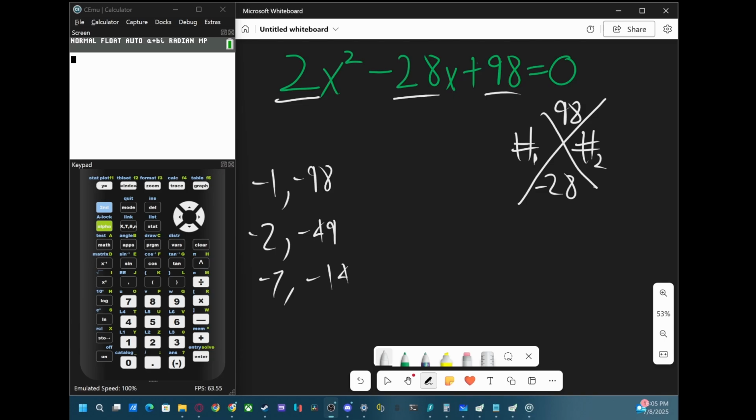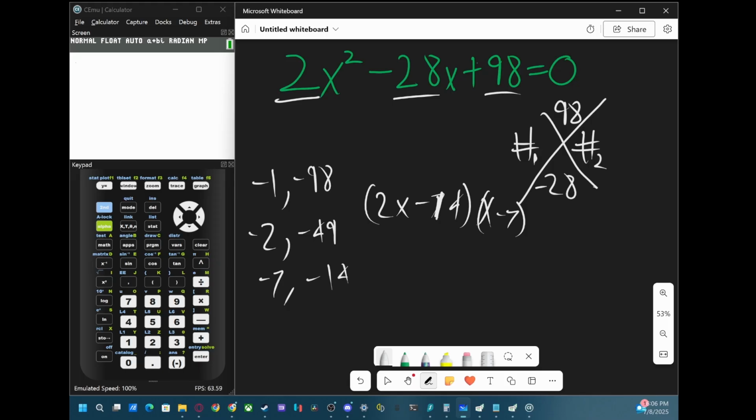All right. So what I'll do here is use two numbers. And this will be 2x minus 14, and that'd be x minus 7. Right? So, you can check if you want to right now.